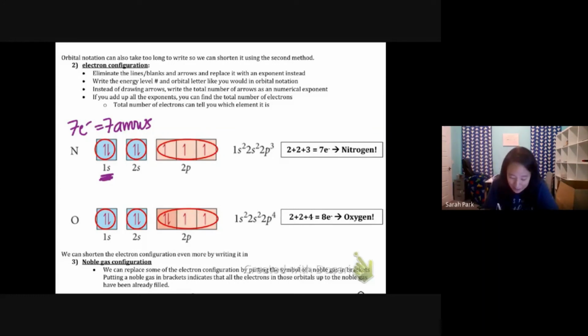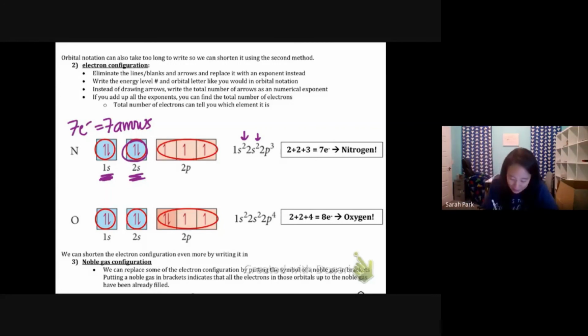So instead of drawing 2 arrows, we write the number 2 instead. In the 2s house, we can fit a maximum of 2 electrons, and so we write the 2 here as a little superscript. That's how many can fit in there.